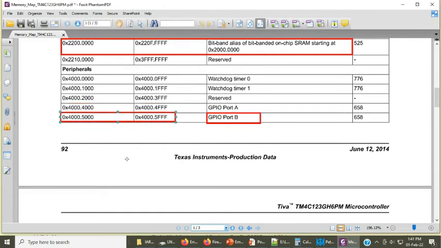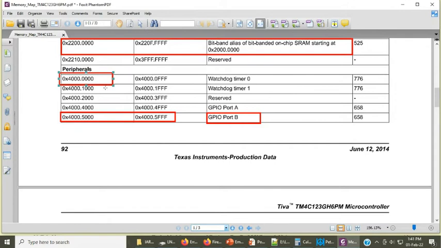Anyway, there are some very important things when you are going to write a program. First of all, you must know what the base address is. Understood? What does that mean? If suppose someone asks you what is the base address for GPIO port B, the base address is this one, and offset is 5000.